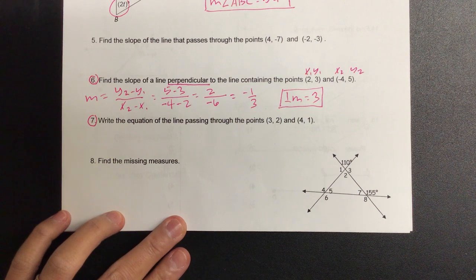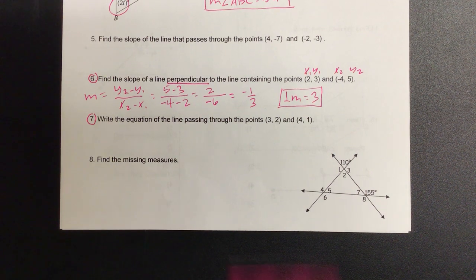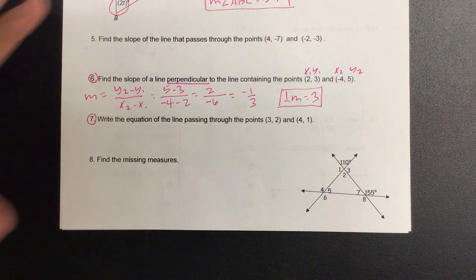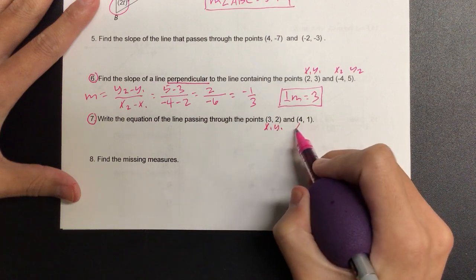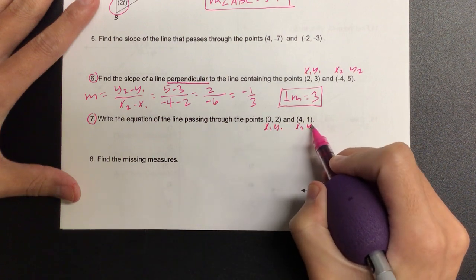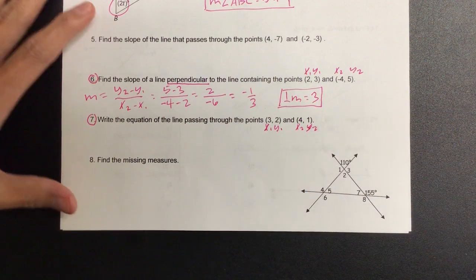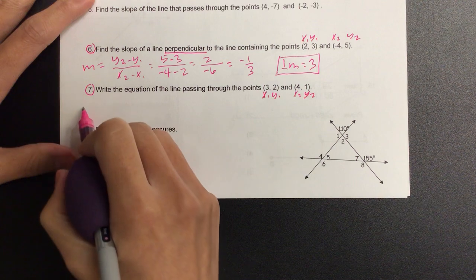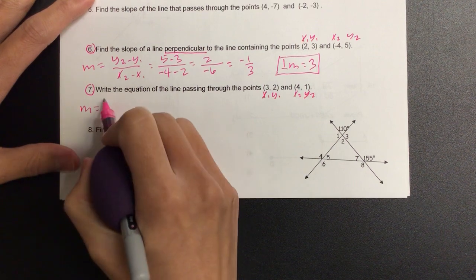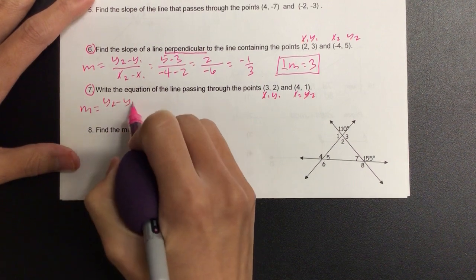All right, Luke, let's read number 7. Write the equation of the line passing through the points (3, 2) and (4, 1). Okay, so we have x1 and y1, x2 and y2. And I want to start with finding the slope. So we have our formula again that you should write out every single time.